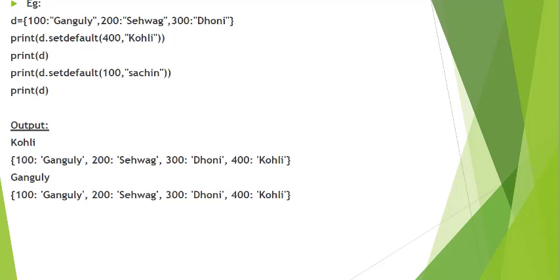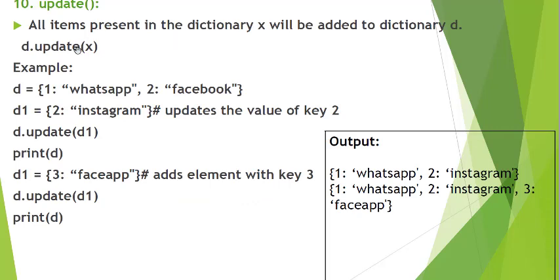So if you print d, it will print all of 100, 200, 300, and 400 Kohli. Similarly, you say d dot setdefault 100 Sachin, but 100 is already there. Sachin will not be added; 100 and Ganguly stays. So you print d, 100 and Ganguly stays, and the rest of the dictionary stays.